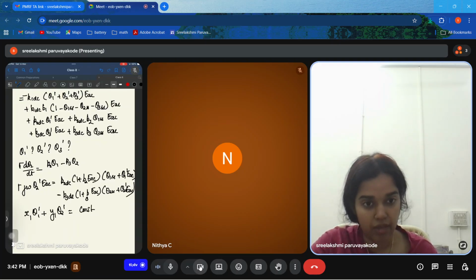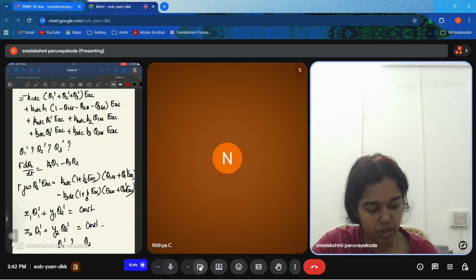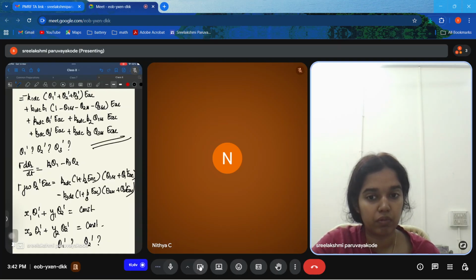Same way, solve the next mass balance equation. There also you will get something. You have to solve both the equations and find out what is theta 1 dash plus theta 2 dash. And then we'll be substituting it back into this equation which has been solved till now.